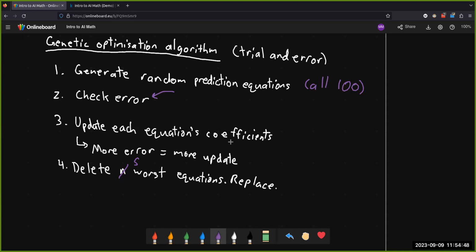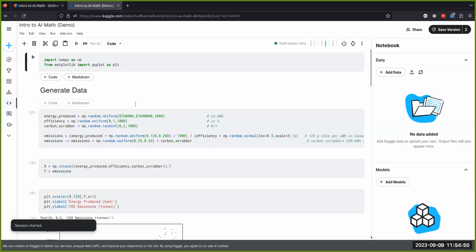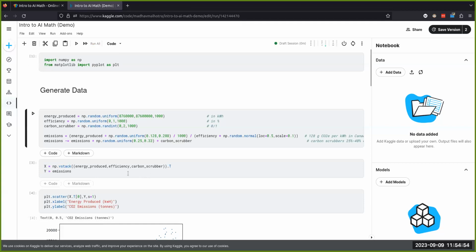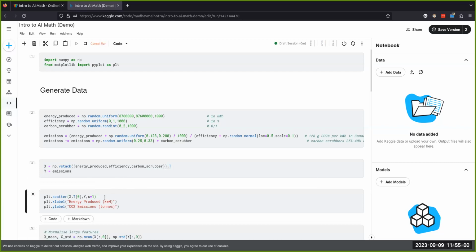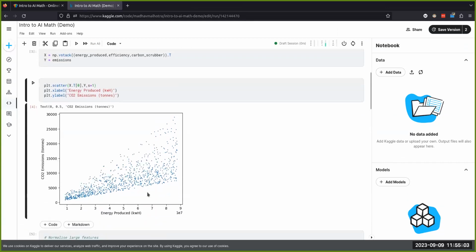I have to generate a data set of my own to make an AI algorithm run on, because I wouldn't find a data set out there that would only have 3 variables. So just look at the pretty picture over here, ignore the code.